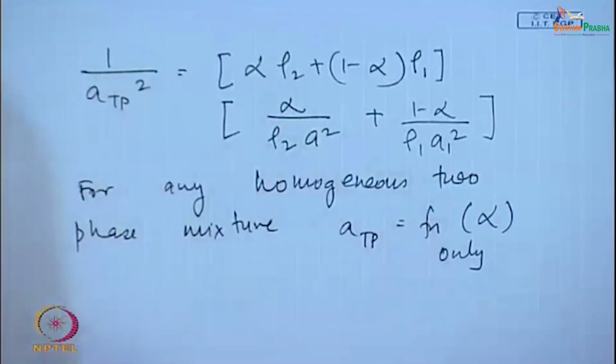Therefore, if we change alpha under homogeneous flow condition, my two phase sound velocity is going to change, number 1. Number 2, this shows that unlike single phase flow, your acoustic velocity for two phase flow condition is not a constant, it is a function of composition. This is very important. For single phase flow, it was a constant characteristic of that particular medium. In this particular case, it is not a constant characteristic of that particular medium.